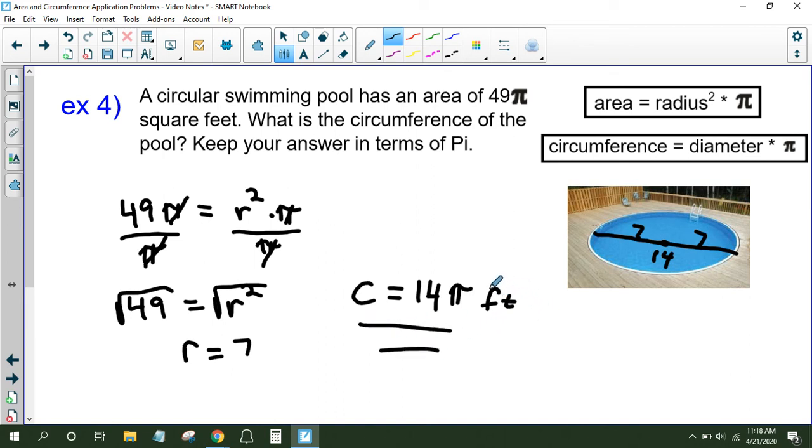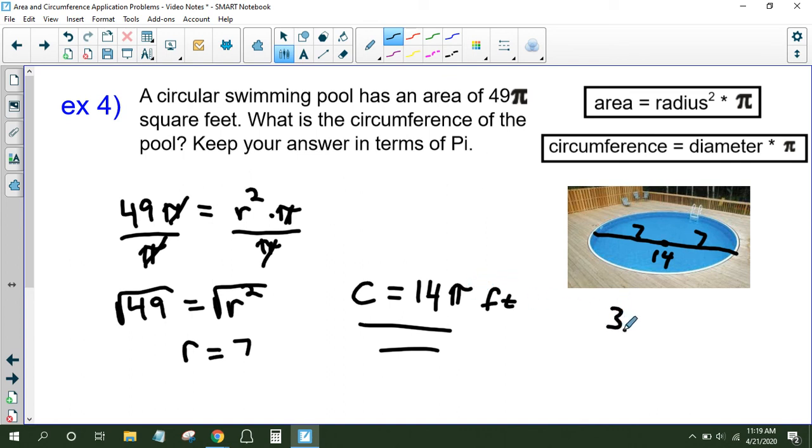Now in all of these examples that we've done, when we calculated our answers and left them in terms of pi, that was an exact answer, because we're just saying pi here. But if we wanted an approximate answer, we could round off the value of pi.